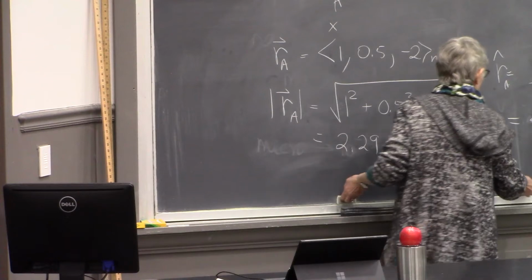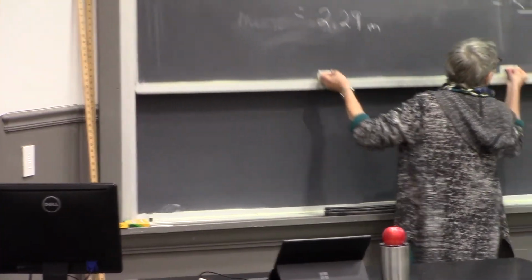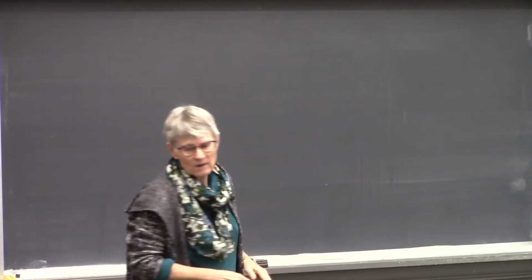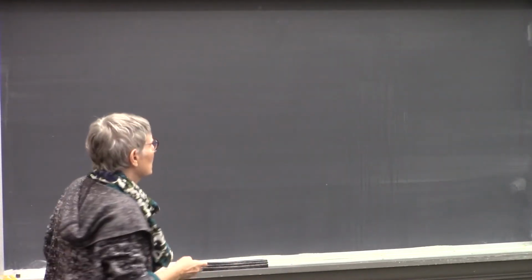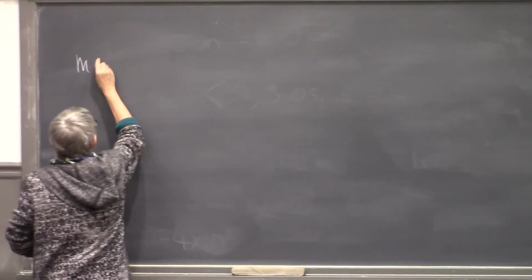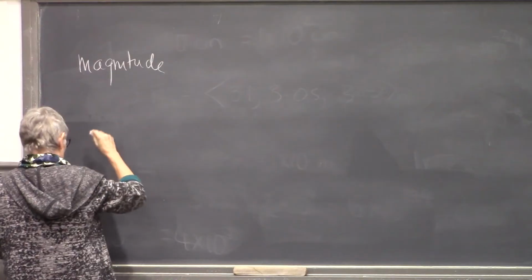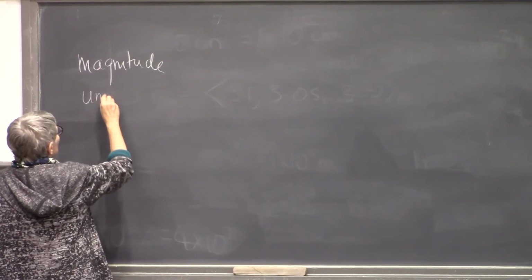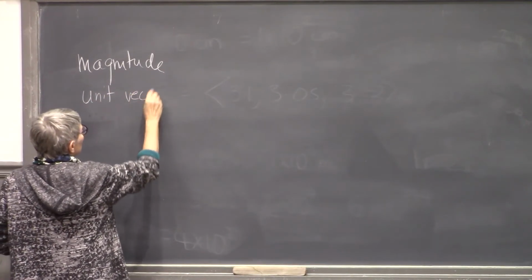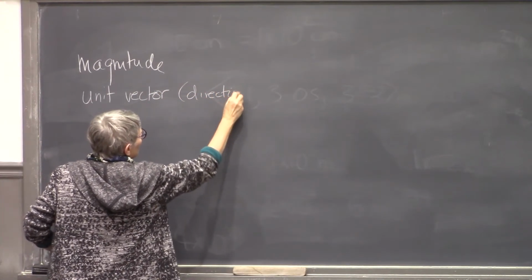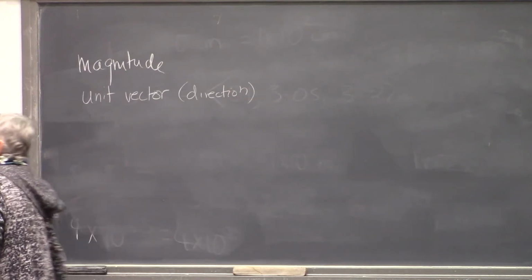So what else can we do with vectors? We can get a magnitude. We can get a unit vector, which gives direction.